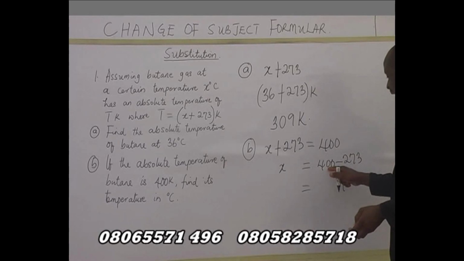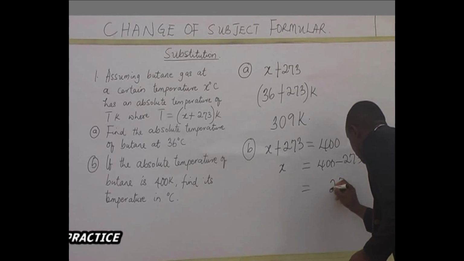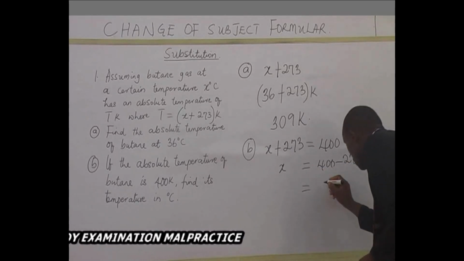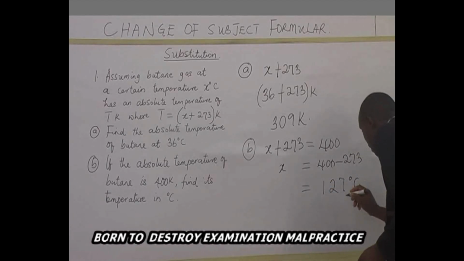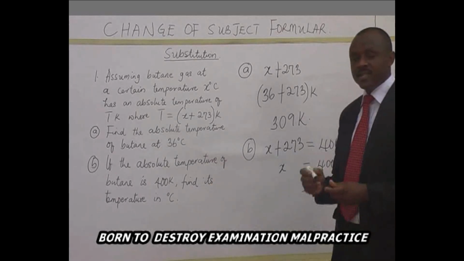This will remain 9. 9 minus 7 will give you 2. This will remain 3. 3 minus 2 will give you 1. So this is the value that the question in B is asking for.